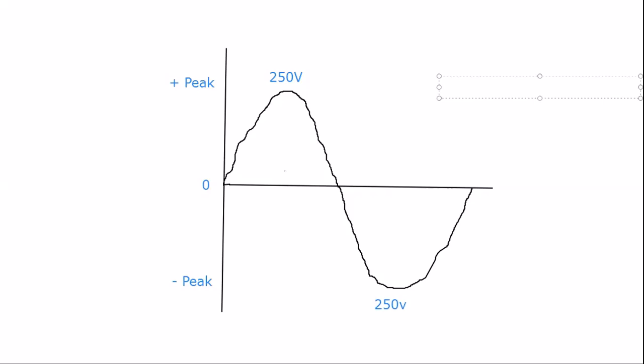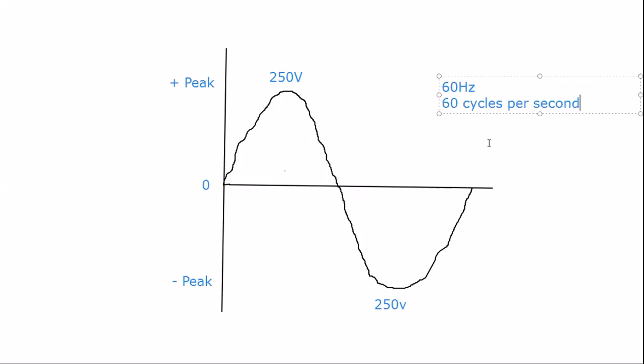This entire movement from 0 to the end is called an entire cycle. And these cycles take place every second. Cycles are measured in the unit called hertz. And in the Bahamas, we use 60 hertz.